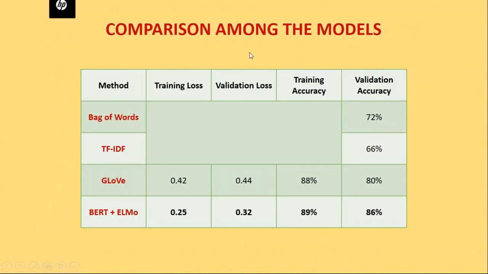This is a comparison that I have made amongst the models: bag of words, TF-IDF, GloVe, BERT, and ELMo. When I used bag of words, the accuracy for the testing set was 72%. When I used TF-IDF and Gaussian Naive Bayes, the testing accuracy was 66%. With GloVe embeddings, I am getting 80% validation accuracy, and by using the stacked embeddings with BERT and ELMo, I am getting 86% validation accuracy.